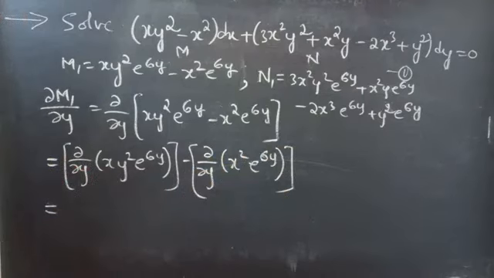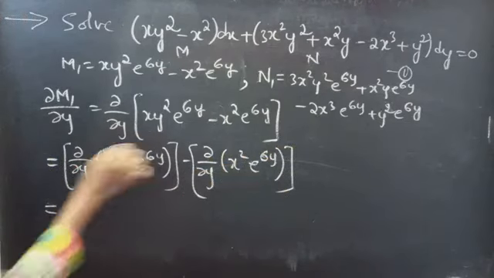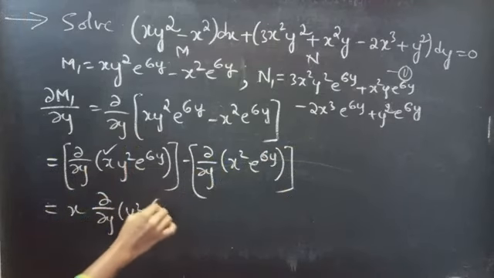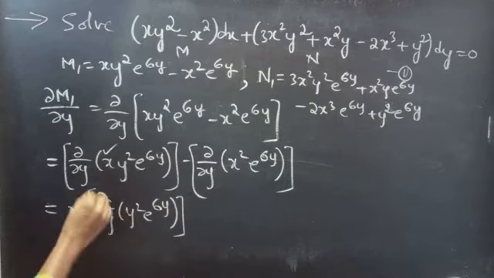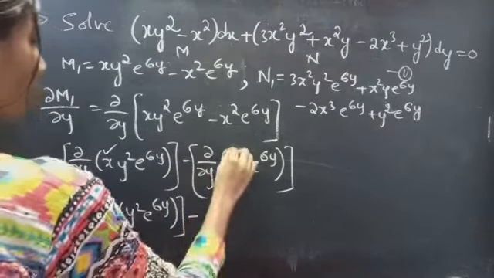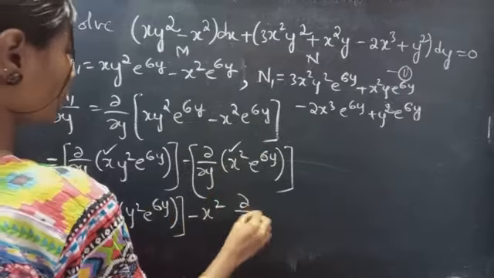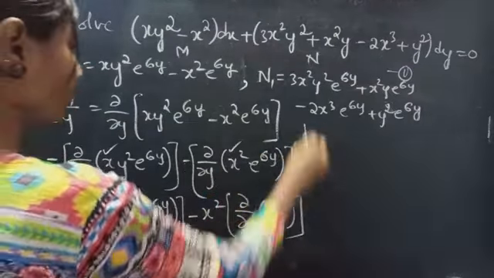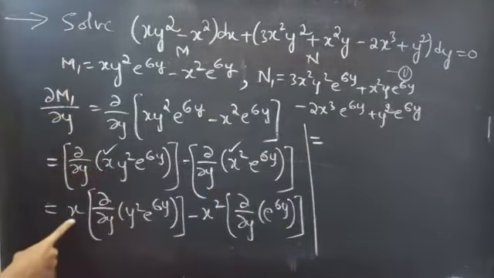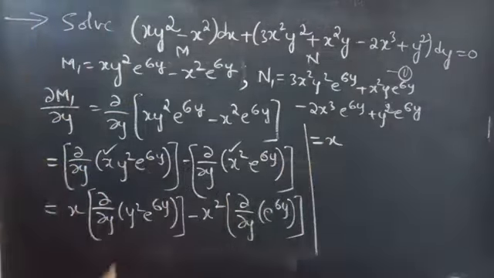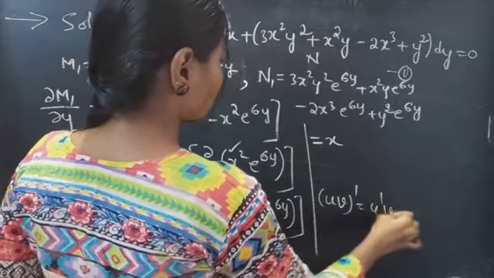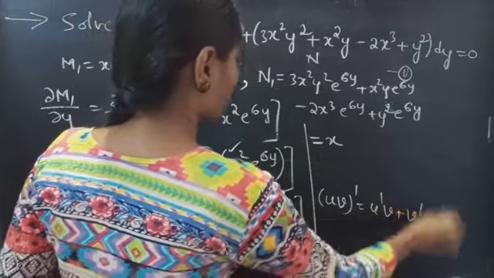Here x is constant, so you can write this as constant into the partial derivative of y square into e power 6y, minus constant into the partial derivative of e power 6y with respect to y, which is equal to x into, this is in the derivative of uv, right? You know that (uv)' equals u'v plus v'u.